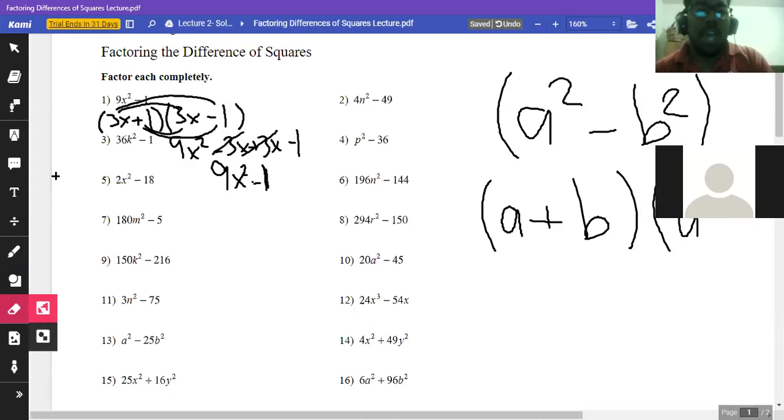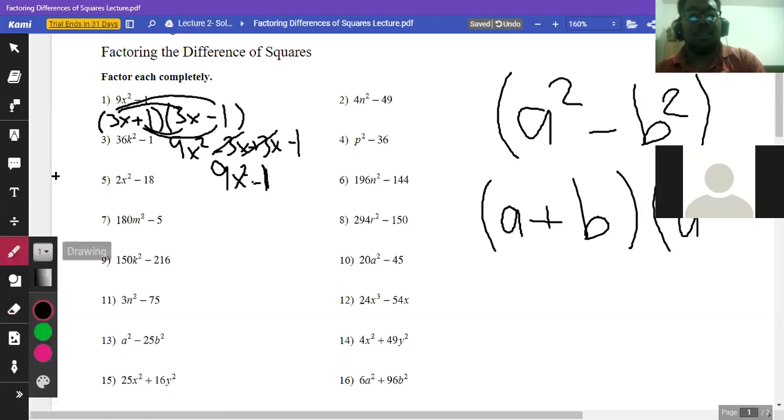However, if we take a look at questions like 14 and 15, this does not work if I have two perfect squares that I'm adding together. Because I have two perfect squares, but because there's a plus sign in here, I'm just going to say that that is not factorable.